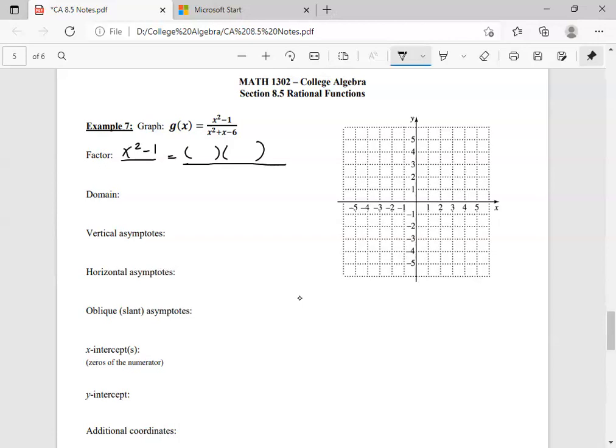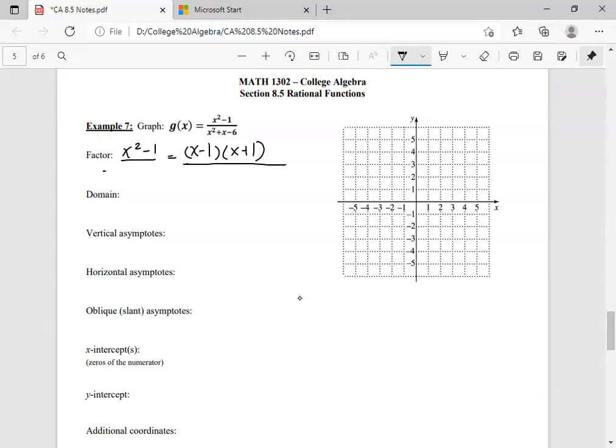But if you don't know that, what could you do? Go to your quad program and find the zeros. If you typed in A is 1, B is 0, C is -1, it would tell you that your zeros are -1 and +1. And from that, you should be able to go, oh, it's the opposite of those. So x - 1, x + 1. You should be able to get that if you can find your zeros.